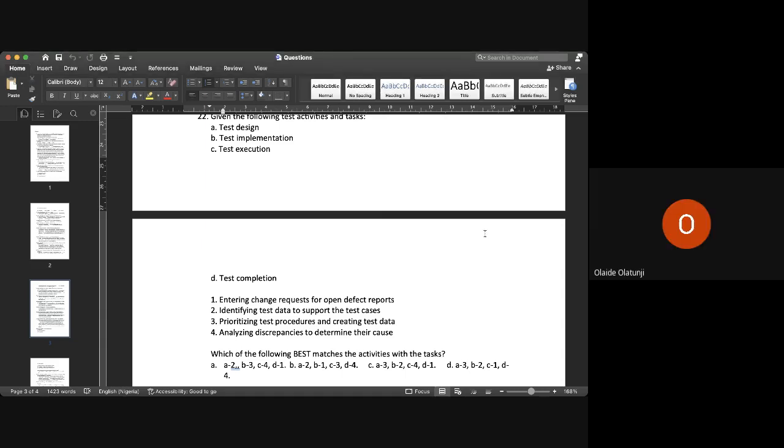Analyzing discrepancies to determine their cause. Prioritizing test procedures and creating test data.